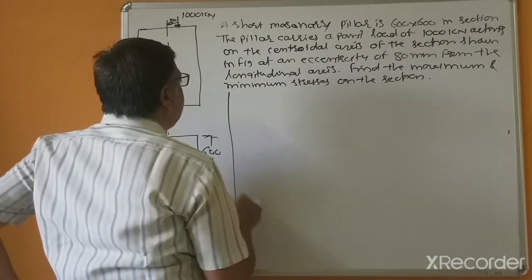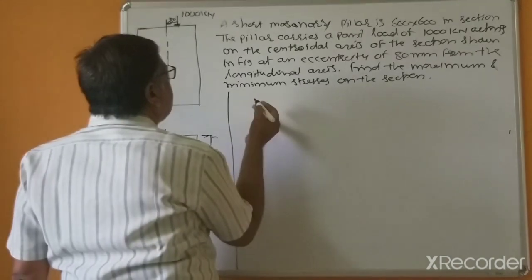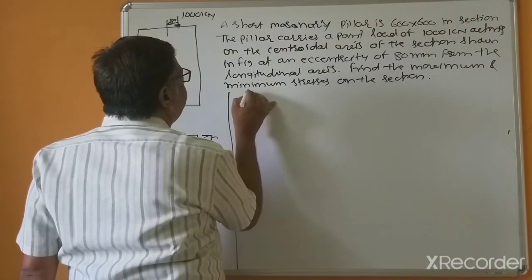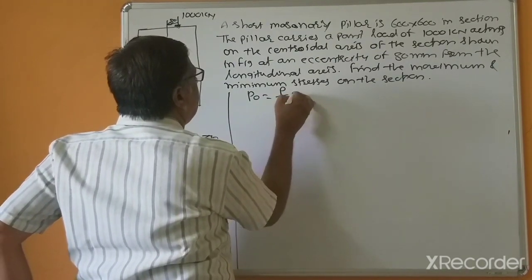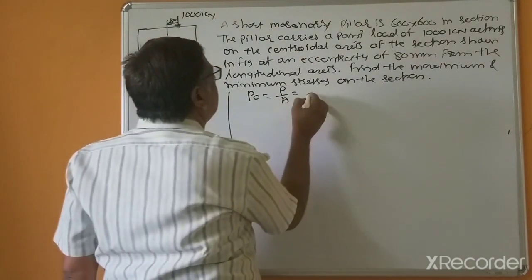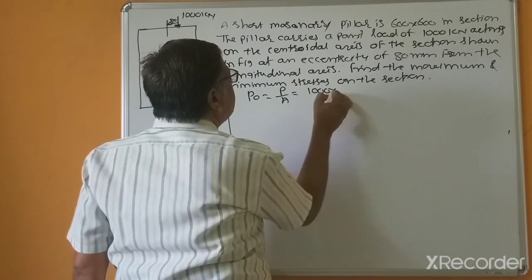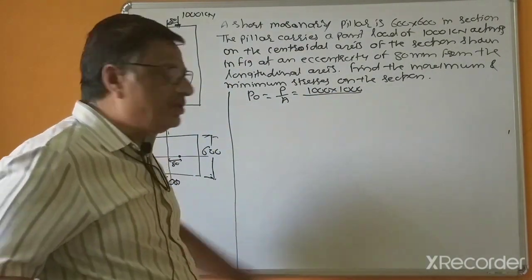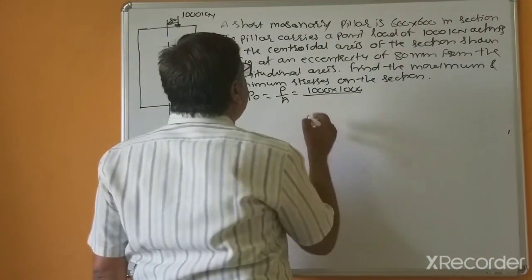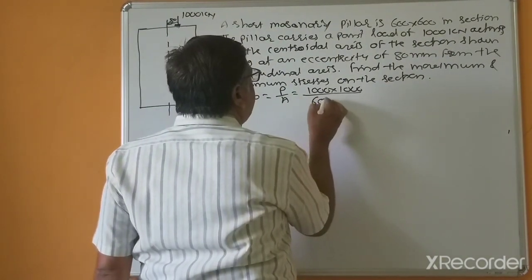So that's why first we will calculate direct stress. P0 equal to P divided by A, P equal to 1000 kilonewton multiplied by 1000 for conversion kilonewton to Newton.